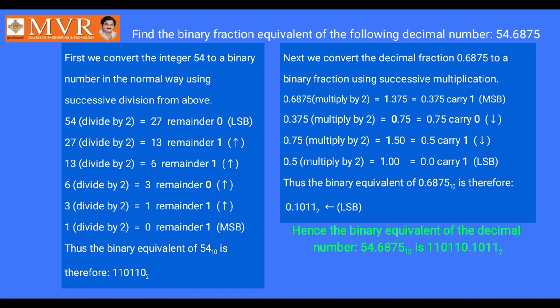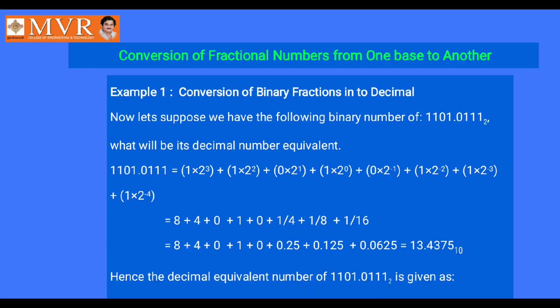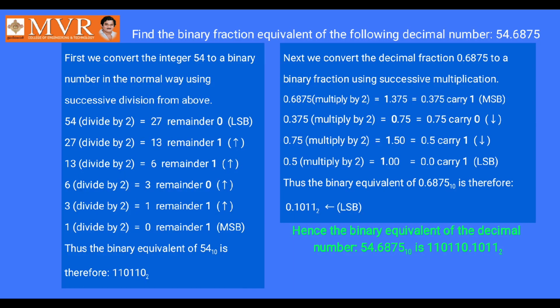54 only is converted now. But what about the remaining fractional part, that is 0.6875? Just like in your previous slide, where the powers became minus after the decimal point, to convert the fractional part of a decimal number into any other base, we have to multiply that fractional part with the corresponding base.